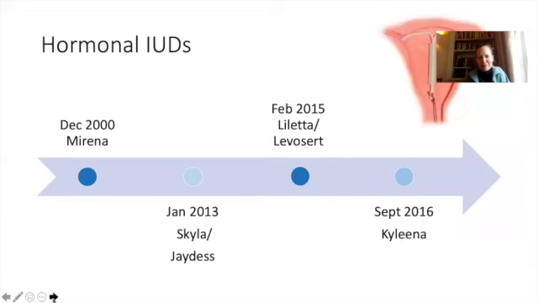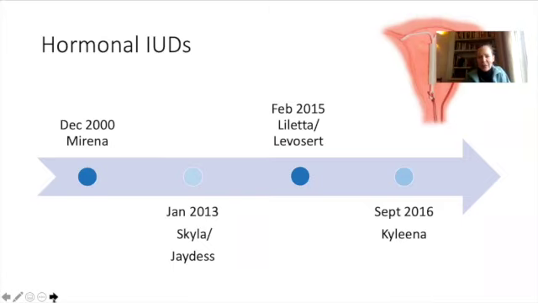Next slide, please. So this figure shows the timeline of those quantum leaps in hormonal IUDs. 20 years ago, Mirena came to market, at least in the US, 30 years ago in Scandinavia. In 2013, Skyla, which is marketed in Asia as JADELLE, was introduced.